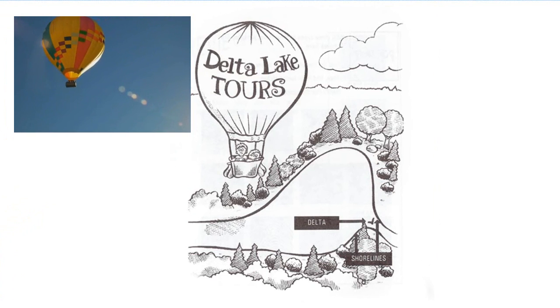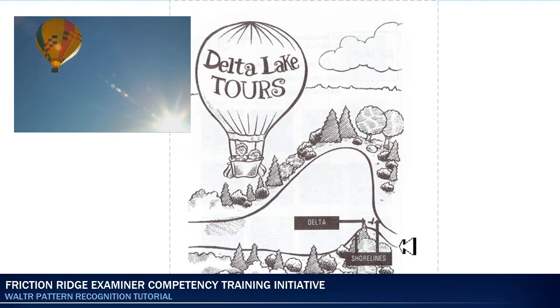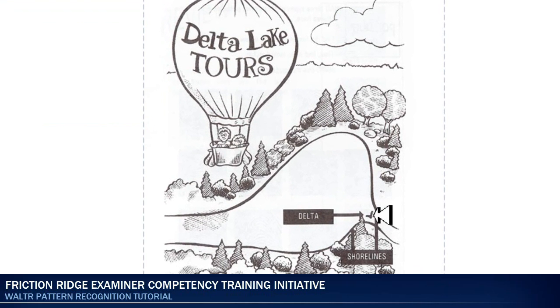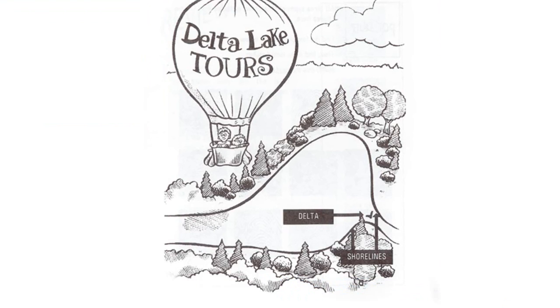And a delta is formed from the water running from the river, and when silt builds up as it opens into the lake, this is called the delta formation. So we have shorelines and a delta formation.